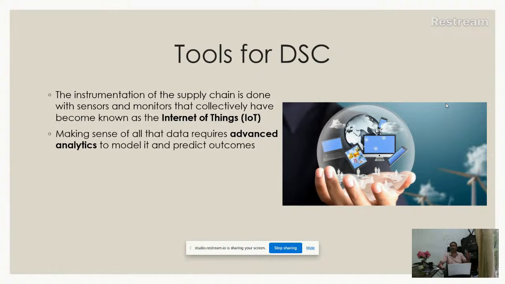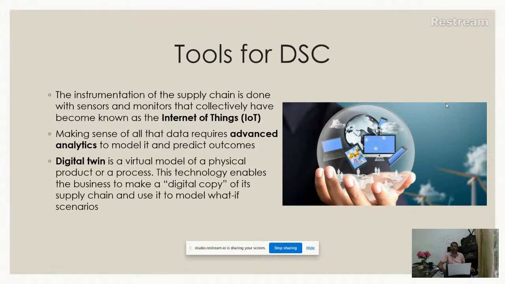So most of the companies now also have analytics integrated into their supply chain. In this aspect, we also run a program called supply chain analytics, so that you can get some basic insight into digitization. And there is a concept called digital twin, which is a virtual model of a physical product or a process.